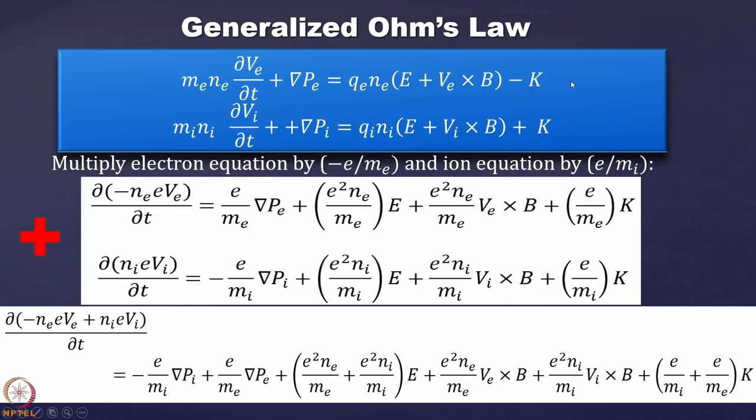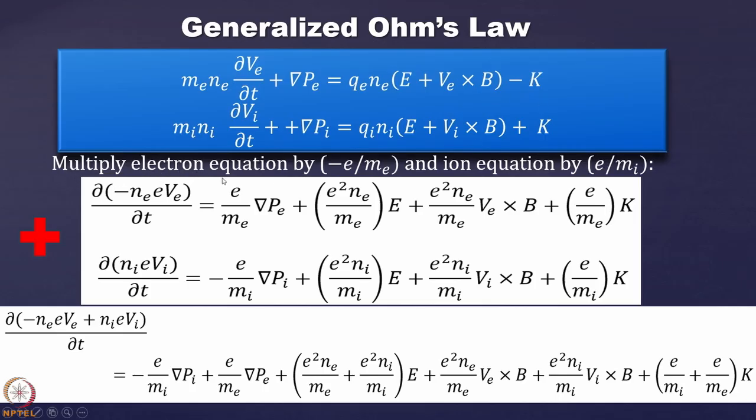The previous consideration is valid: the electrons exchange their momentum with the ion fluid, so this is minus k, and the same amount is added to the ion momentum equation. So we have these two basic equations, and from them we will derive the generalized Ohm's law.